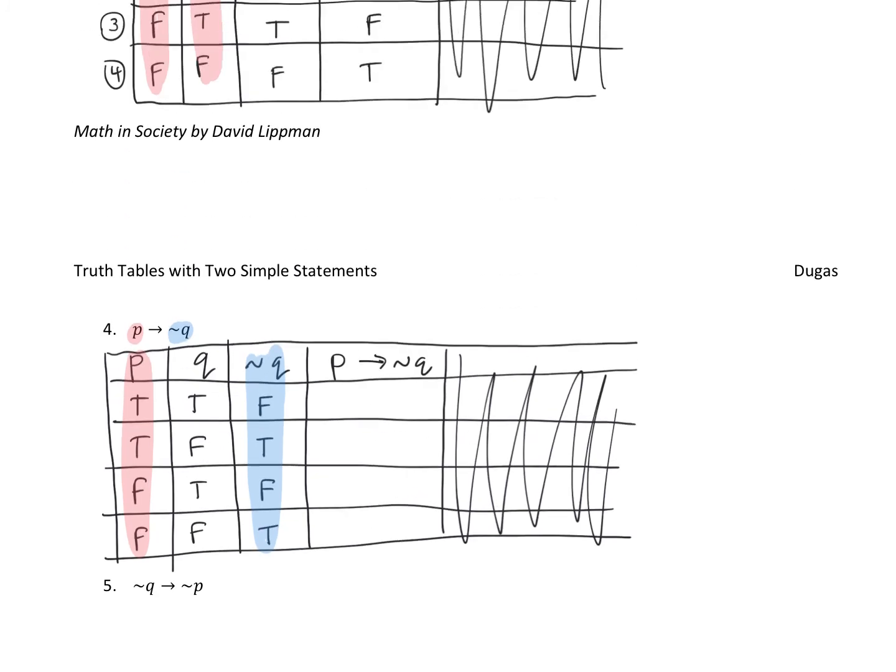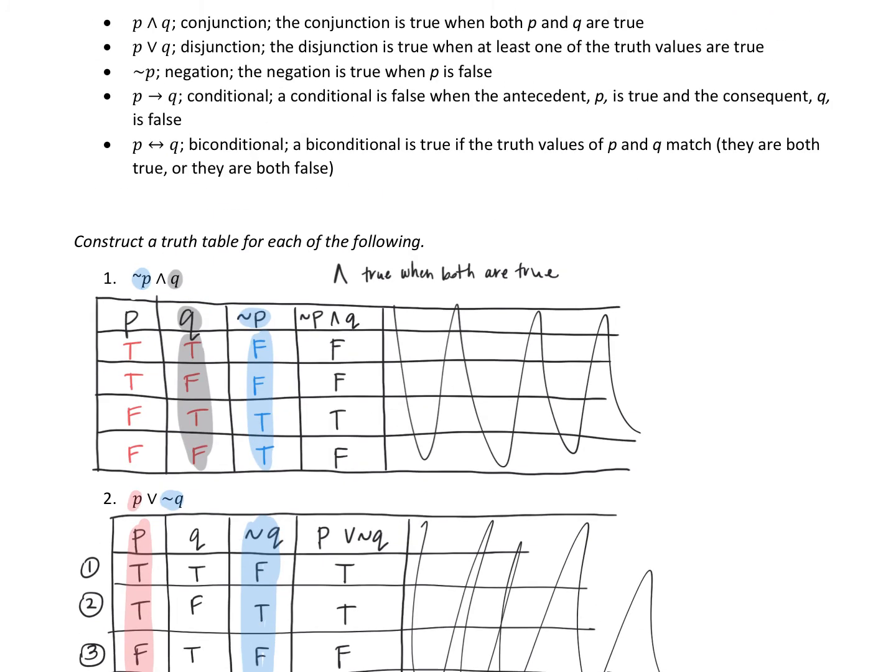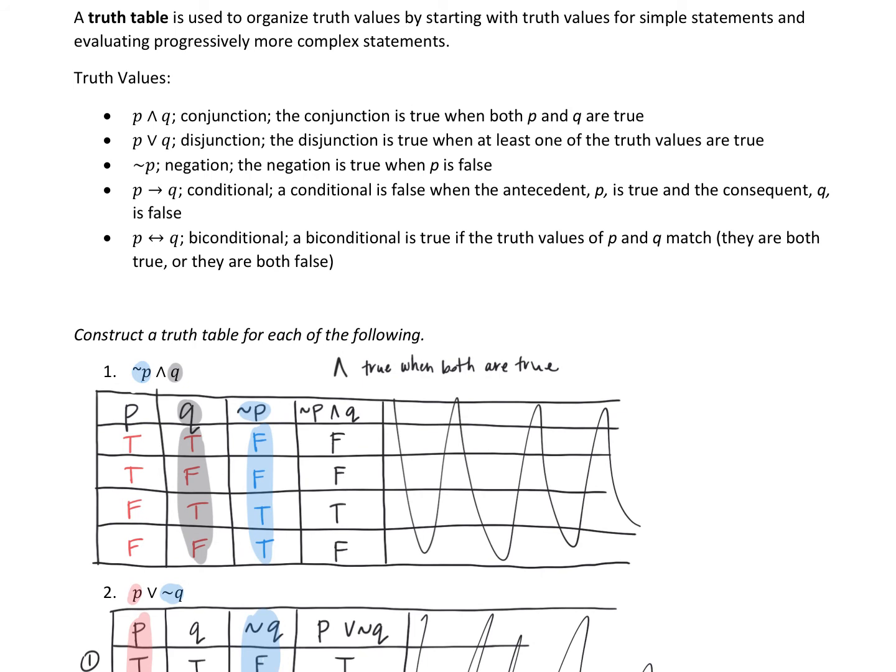This one is just a little more confusing than the others. So the conditional statement is false when P is true and Q is false. So if you have true, false, and it's important that you're looking at the order of them.